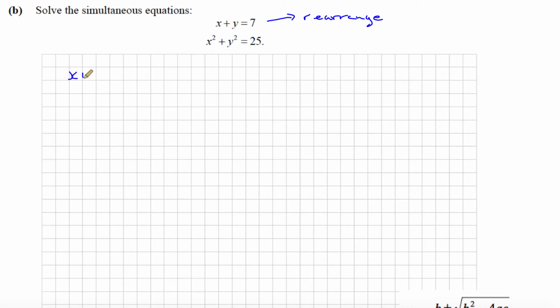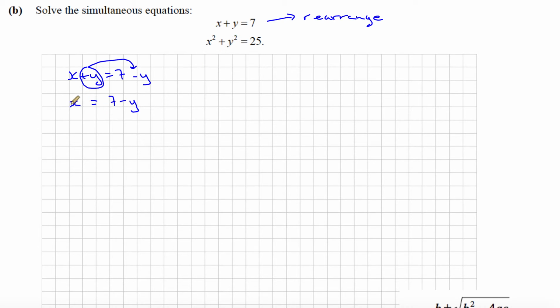So x plus y is 7. If I rearrange this, if I bring the y over, for example, to the other side, it becomes a negative y. So I get x on the left is equal to 7 minus y. And then what I do is I'm going to substitute this in here.